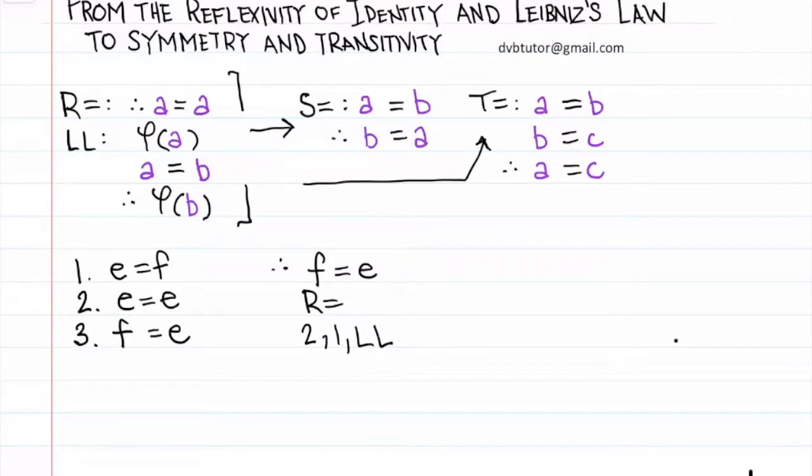Suppose we have premise 1, E is F, and a second premise, F is G. We want to show that it follows that E is G. And we have to do this without using either the symmetry of identity or the transitivity of identity as an inference rule. This one is actually easier than the last one.